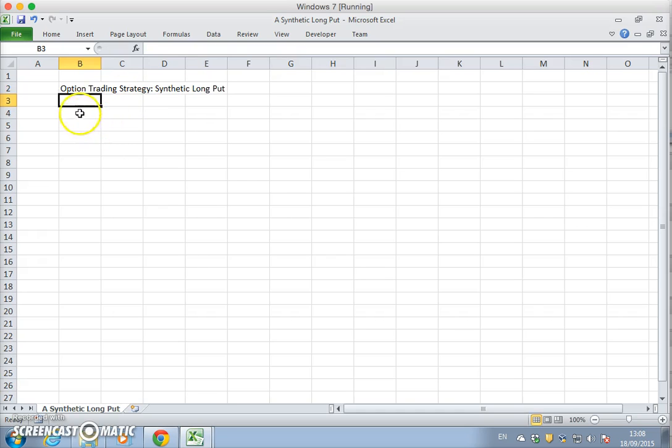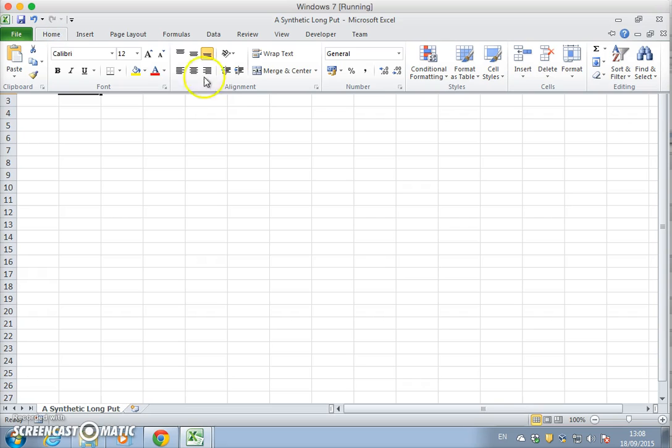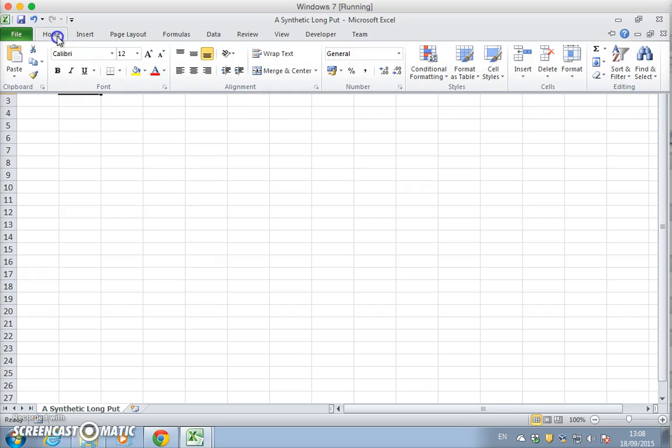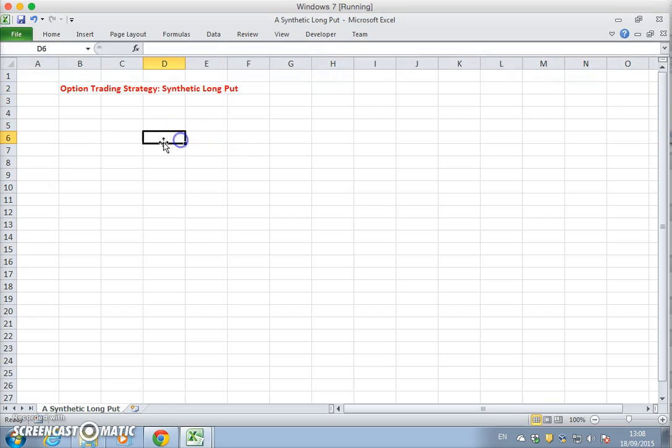Okay, so the idea is, what if put options didn't trade in a particular market, or didn't trade in a very liquid fashion in a given market? What might a trader do?